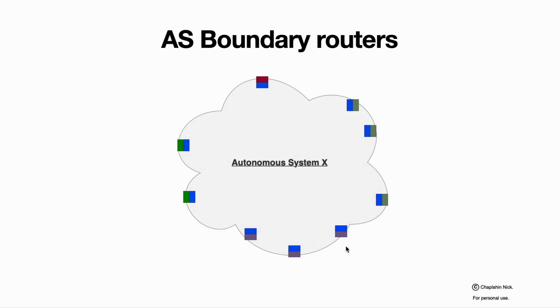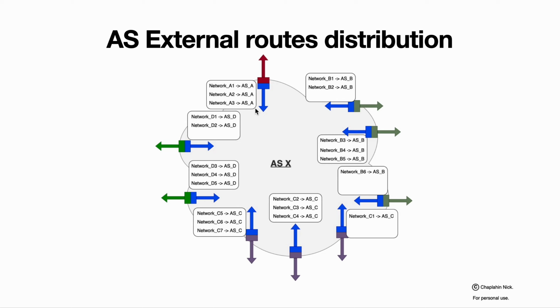We have autonomous system boundary routers, and those routers transmit to the system information about all external routes. It means that for all neighboring autonomous systems, they transmit to our system the list of networks that those neighbors contain, and the devices that could transmit traffic to those networks.